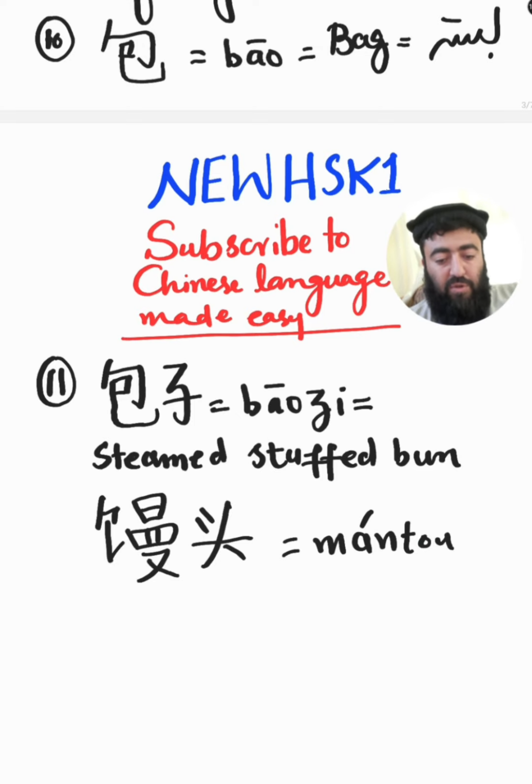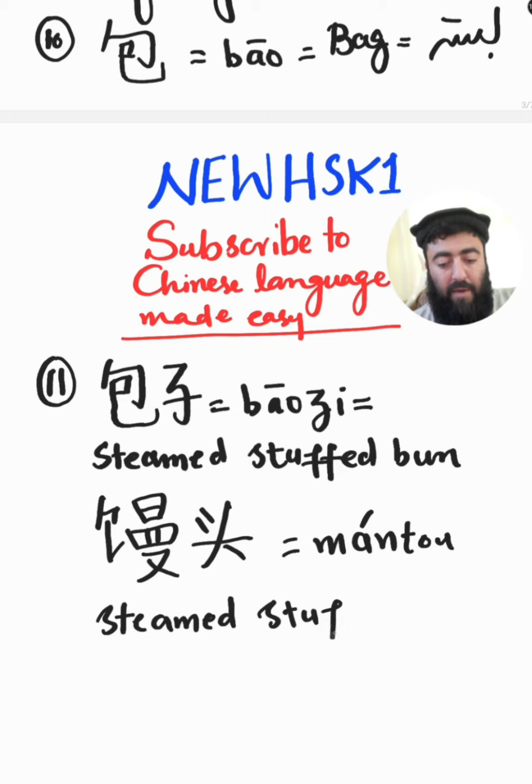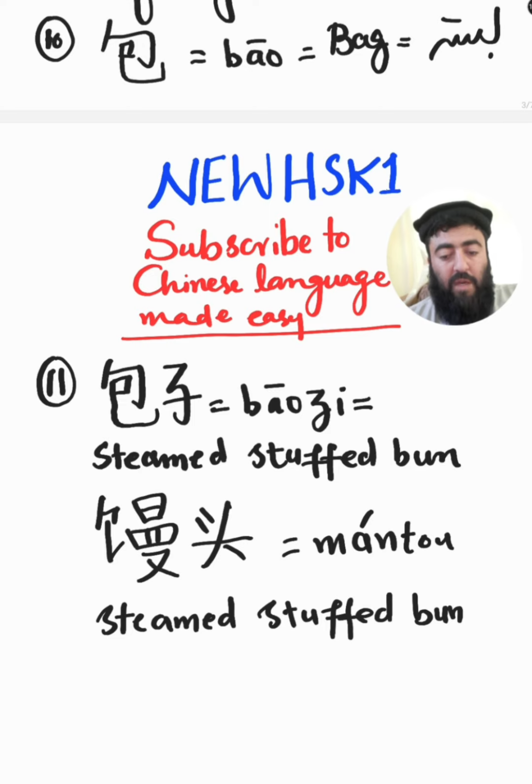So this is also a steamed stuffed bun. It has the same meaning, though it is not a part of HSK1, but it is for your information that there is another type of this bun, and that is called mantho, steamed stuffed bun. Okay, Peshawari people know this one.